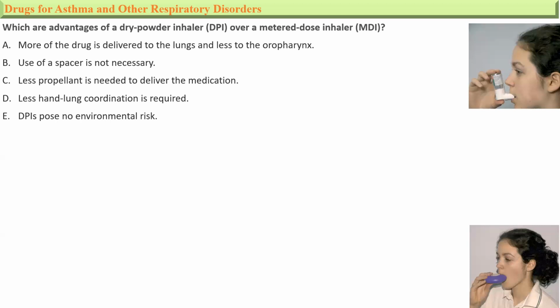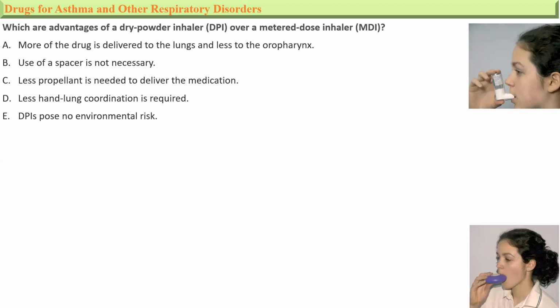Spacers are not required with the DPIs. They are recommended for use with MDIs to increase the delivery of the drug to the lungs rather than the oropharyngeal mucosa. DPIs do not require the hand-lung coordination which is needed with MDIs.